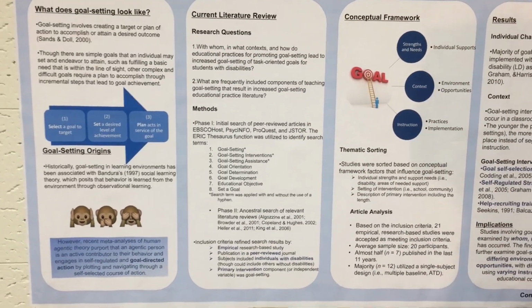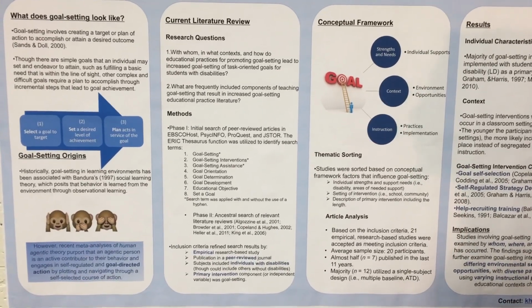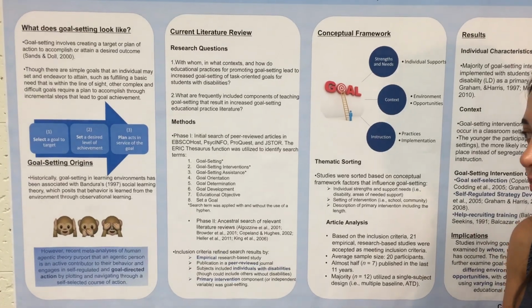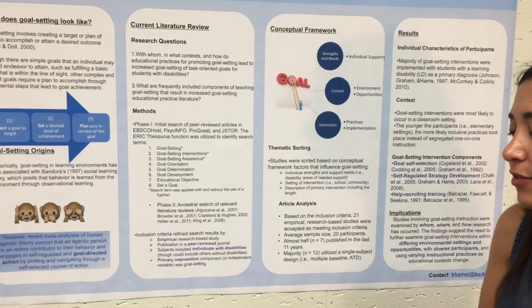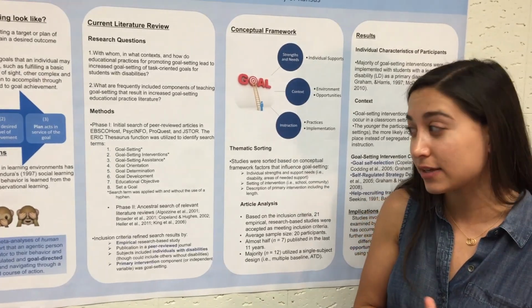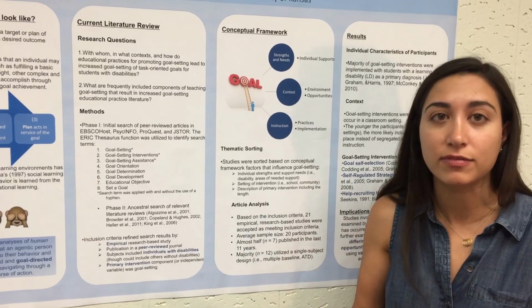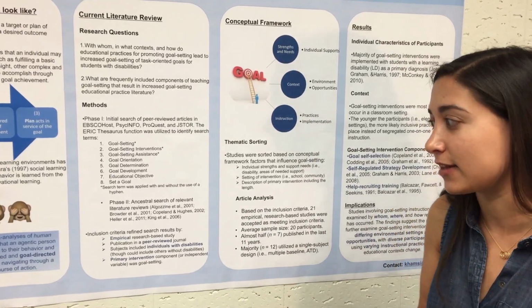Historically, goal setting in learning environments has been associated with social learning theory, which says that behavior is learned from the environment through observational learning. However, this has somewhat changed through recent analyses of human agentic theory, which says that a person is not just observing their environment, but is actually an active contributor to the things happening in their environment.